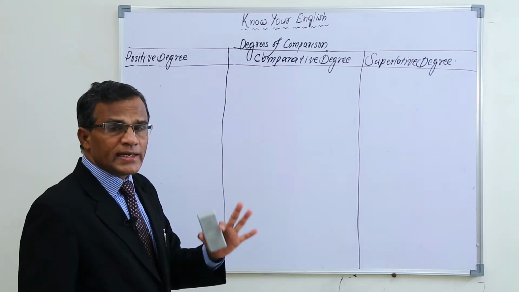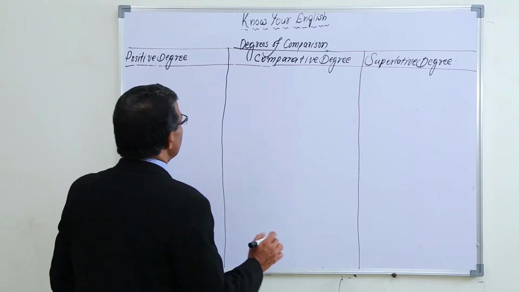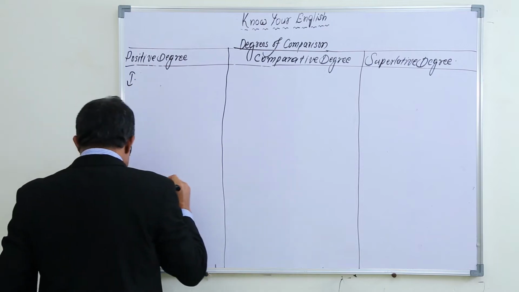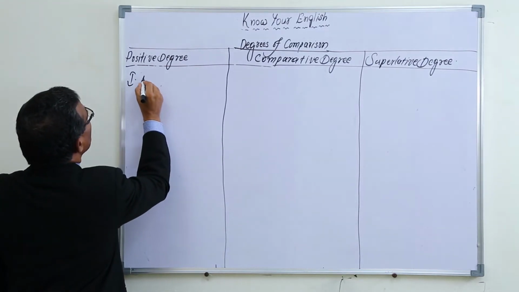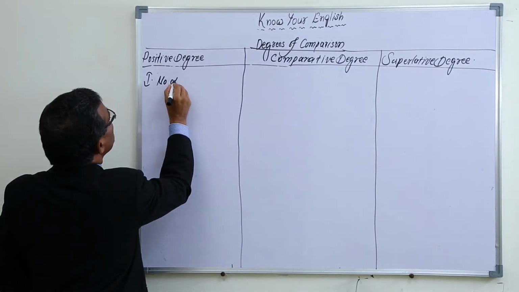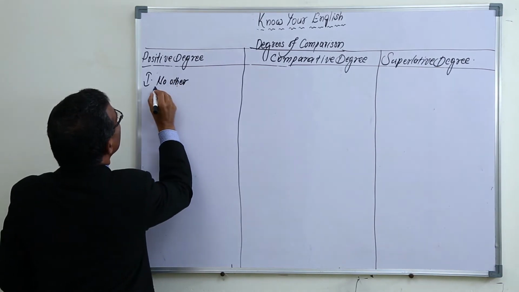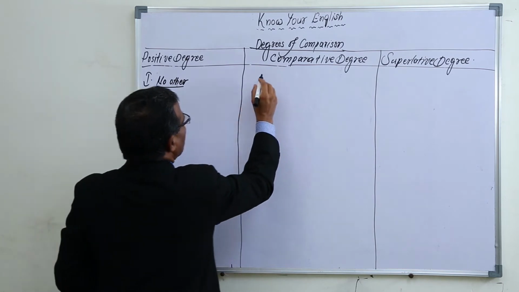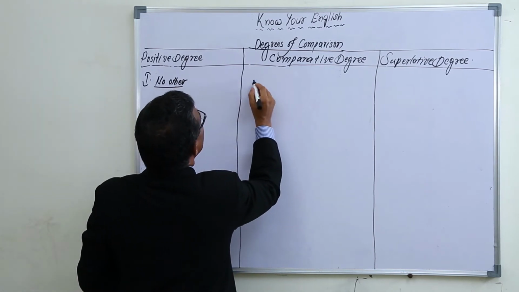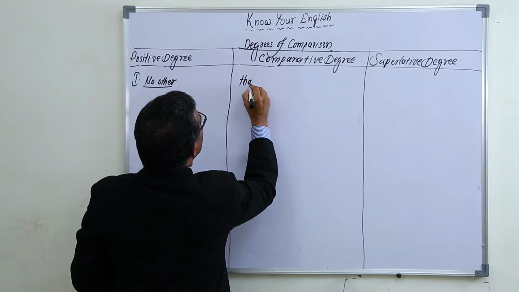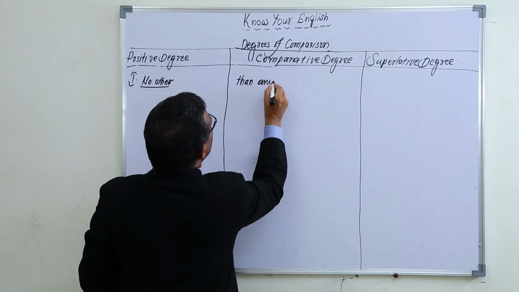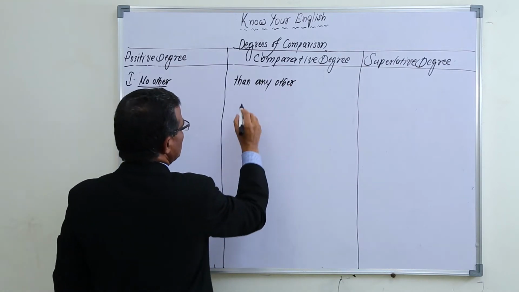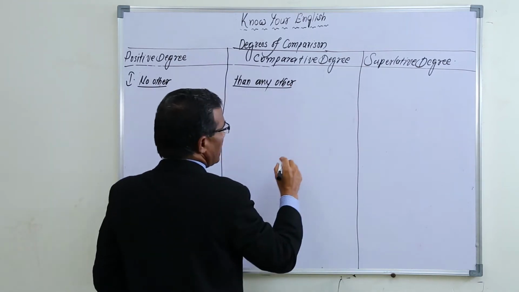So generally three types of sentences we see in our day-to-day life, and the first type generally starts with no other. In positive degree, generally they start with no other. And in comparative degree sentences, we find than any other.